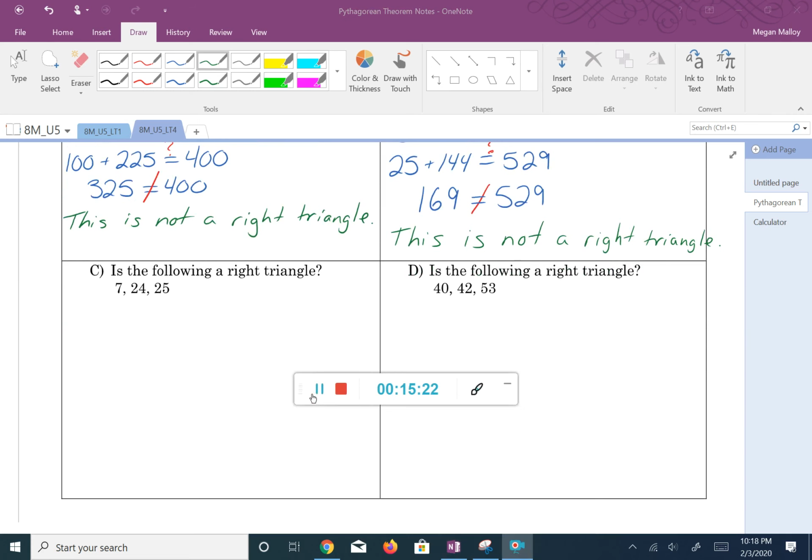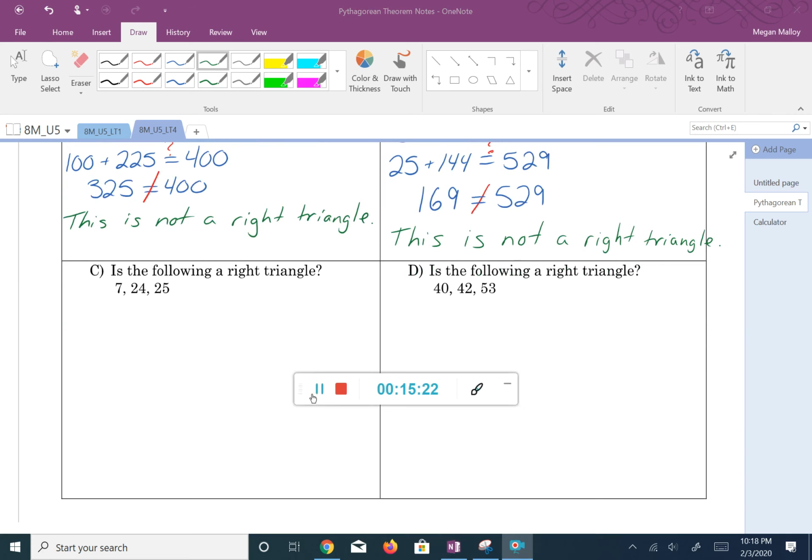So that means that that is a right triangle. And on 2D, again, we identified 53 as our hypotenuse because it was the longest side. When we plugged in our values of the legs and we squared them and added them together, we found that it did not equal the square of the hypotenuse, which was 53.